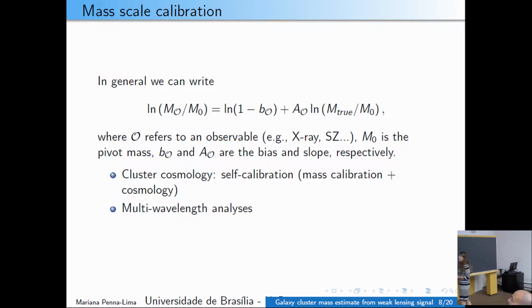But even so, it's really important to carry out this kind of analysis, even if you have a few clusters, small samples, trying to join both cosmology and self-calibration.